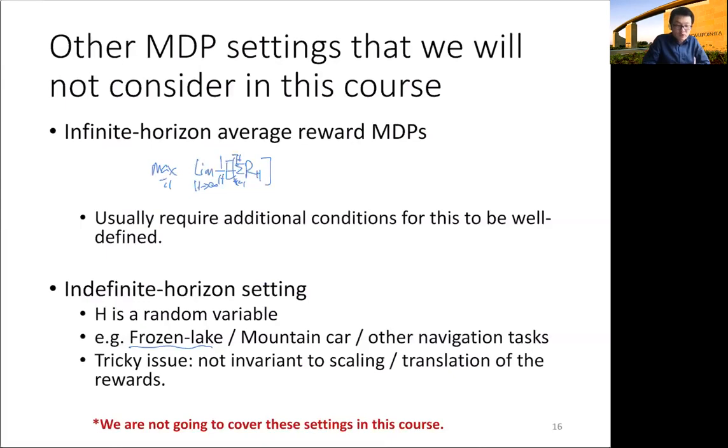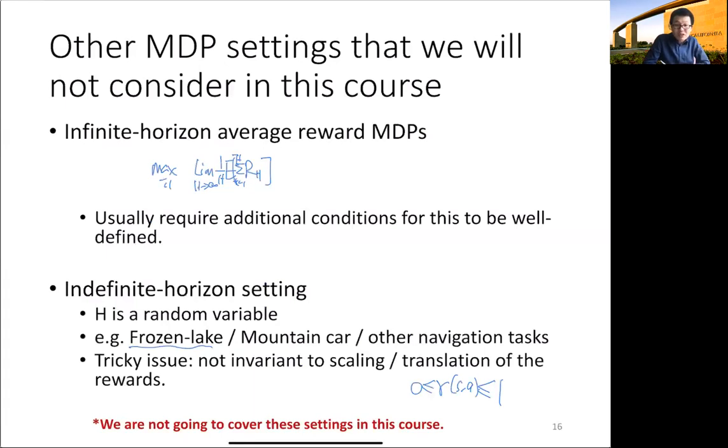For both the infinite horizon MDP and finite horizon MDPs, the scaling and translation of the reward doesn't really change anything, and that was the reason why we can consider without loss of generality that R(s,a) is between 0 and 1, because that doesn't really change the problem at all.